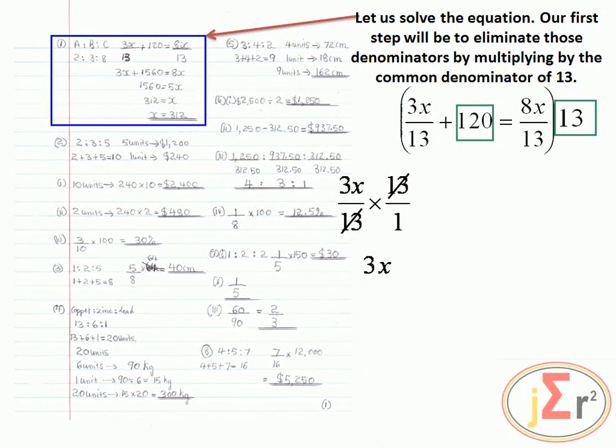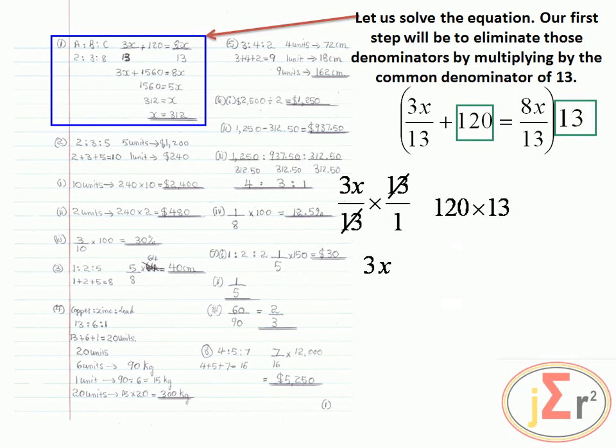Then we take that whole number. One other mistake that students make is that they neglect to multiply the whole number by the common denominator. So they just put down 120. But we multiply 120 by 13 because the entire equation has to be multiplied by 13.